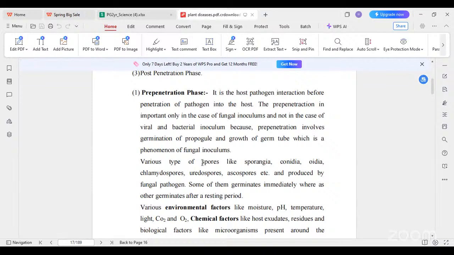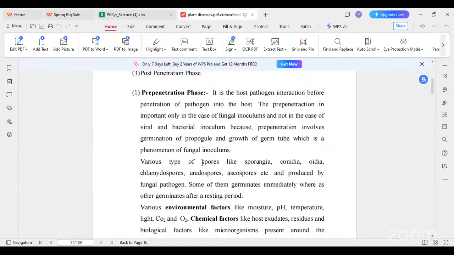Various types of spores like sporangia, conidia, oidia, chlamydospores, uredospores, ascospores, etc. are produced by the fungal pathogen.